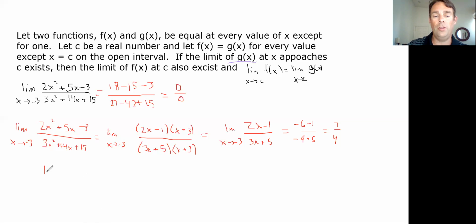So that means our original limit as x approaches -3, my handwriting is getting a little bit sloppy, so that means this whole thing is equal to 7/4.